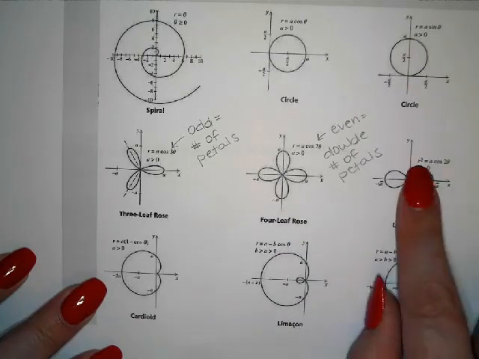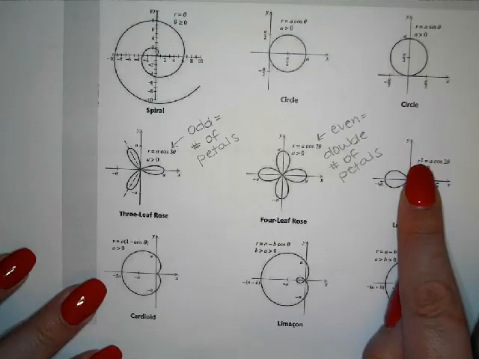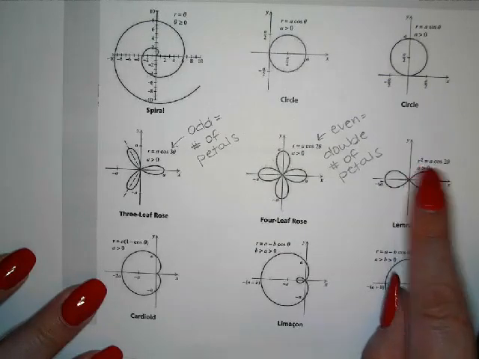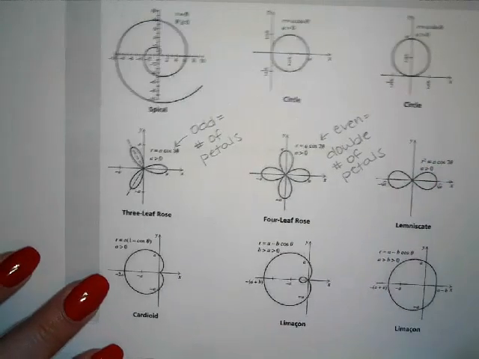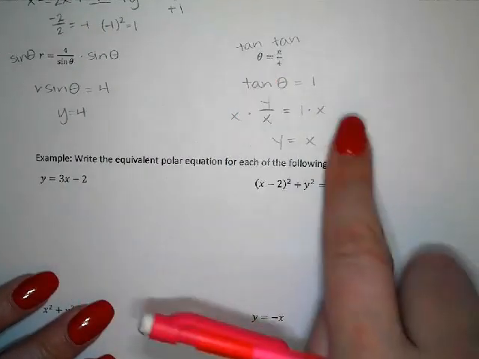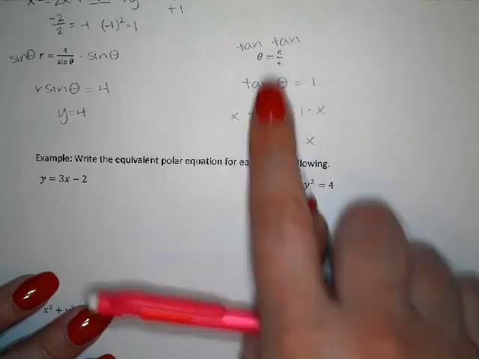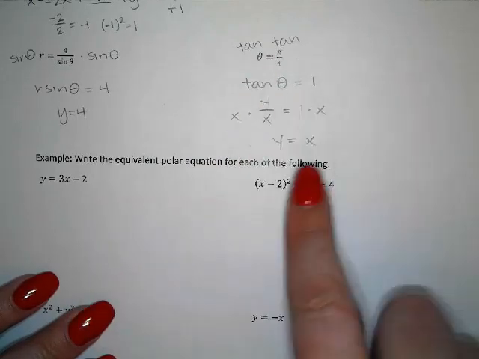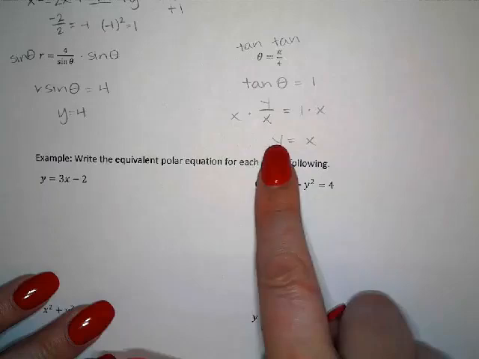One exception is here if you have r squared equals this one. So this is one where you could have an r squared. And then another exception comes from this right here, when you have straight lines that go through the center of the graph, that go through the origin at 0, 0, or go through the pole, like y equals x.